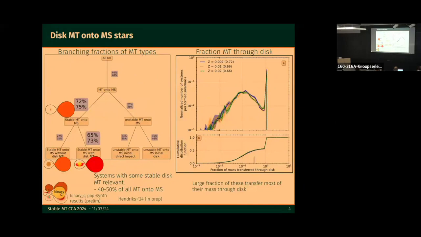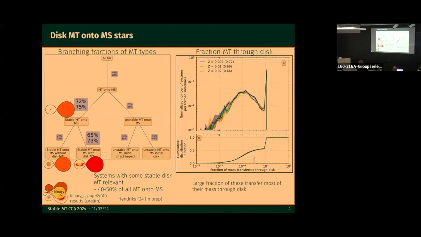So I set up some population synthesis results, and I calculated some branching fractions. What I basically find is that about 40 to 50% of all mass transfer onto main sequence stars is through disks in some way, and of all stable mass transfer, it's about 75%. But that's in some way, right? Is there any significant fraction of mass being transferred through these disks?